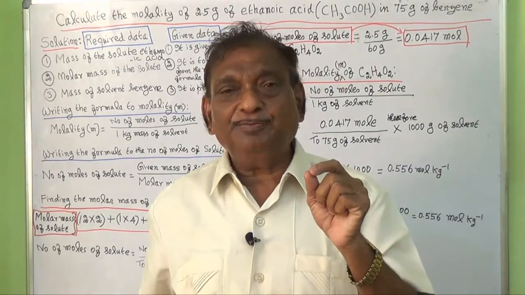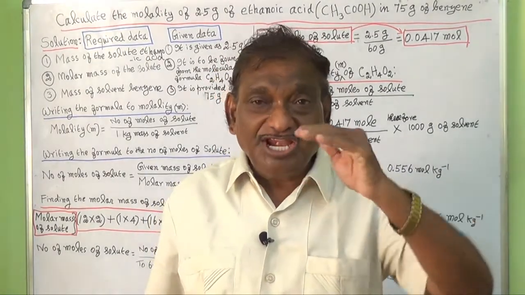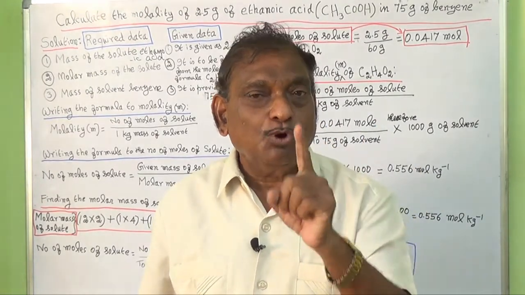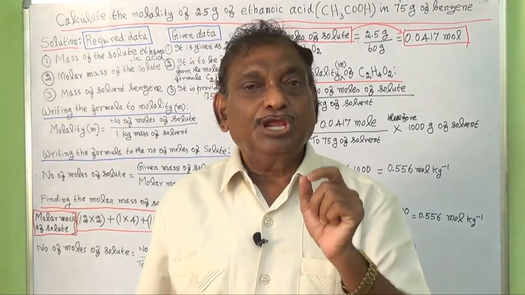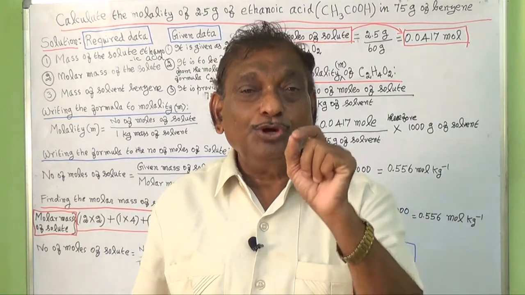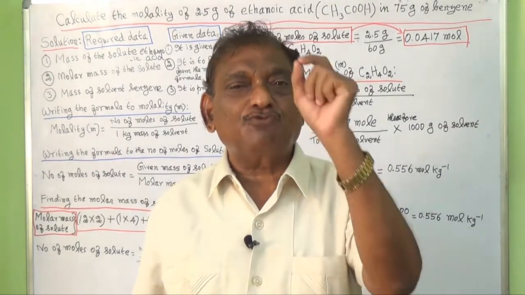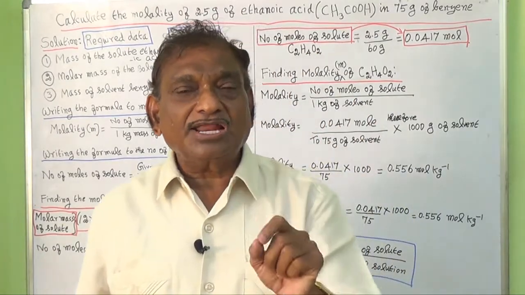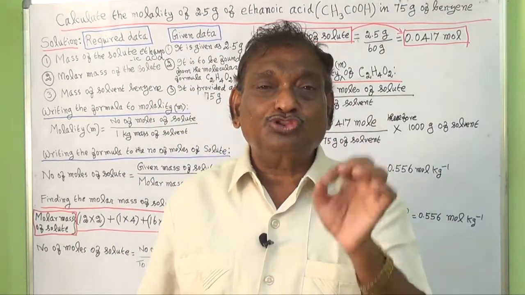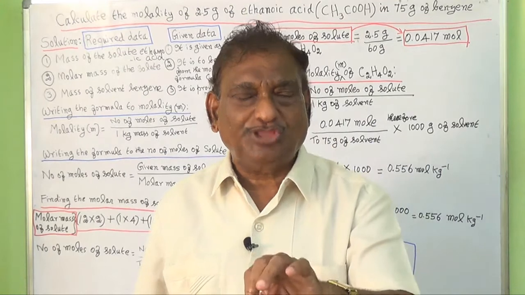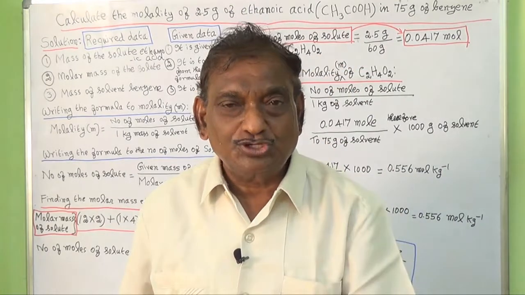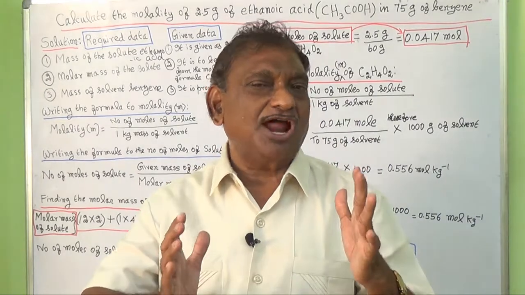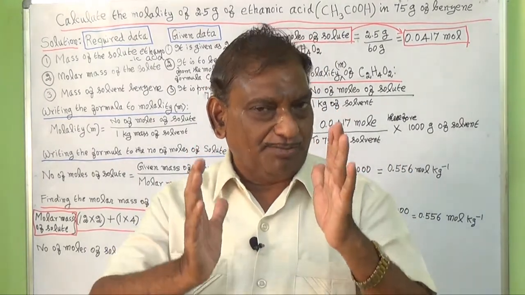My dear students and parents, we have already discussed, in 1 mole there is 1 molar mass. In 1 mole there are 22.4 liters of volume. In 1 mole there are 6.023 into 10 to the power of 23 number of molecules, atoms, ions, electrons, etc. That is Avogadro number.